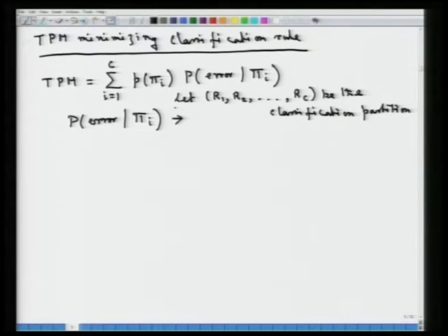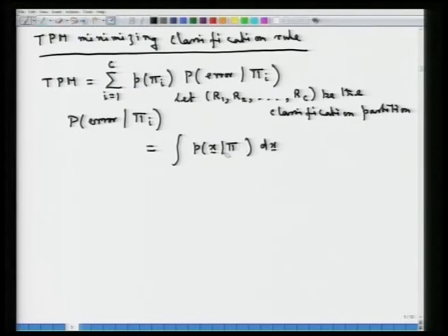So, we can write this probability of error given an observation is coming from pi i. It has a probability which we had denoted earlier, p of x given pi i. So, this is the density when we are looking at an observation coming from pi i. Now, we are putting it into some set other than the ith set.